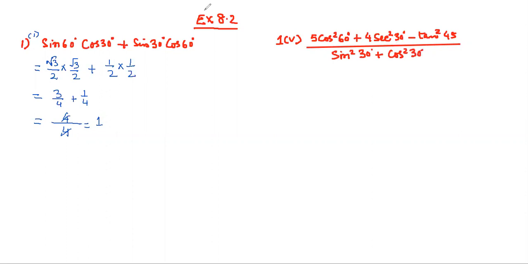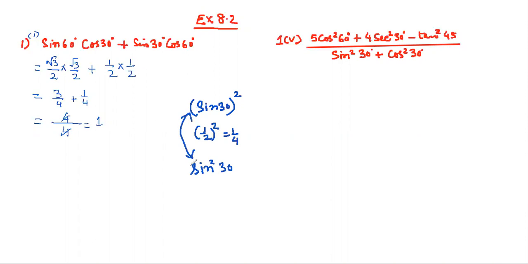One thing more you should be aware of, children. If it is sine 30 degrees square, that means you will fill in the value of sine 30 degree, which is half, and then you will take the square, so it will be 1 by 4. Or if it is written as sine square 30 degree, both are the same.